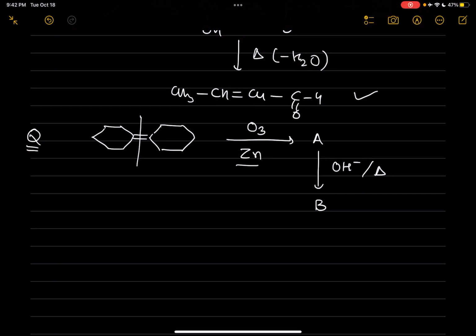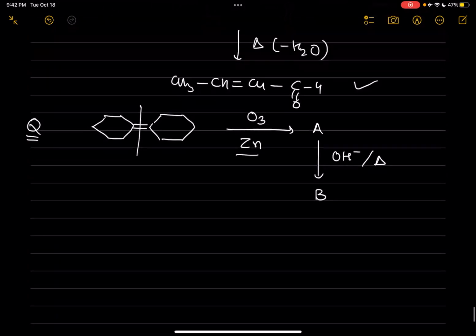But if it is oxidative ozonolysis, in which hydrogen peroxide is given; reductive is zinc and dimethyl sulfide. If that is there, just break the double bond, put oxygen on both sides, and you will get aldehyde or ketone. But in oxidative ozonolysis, the aldehyde you will change to carboxylic acid. That's it.